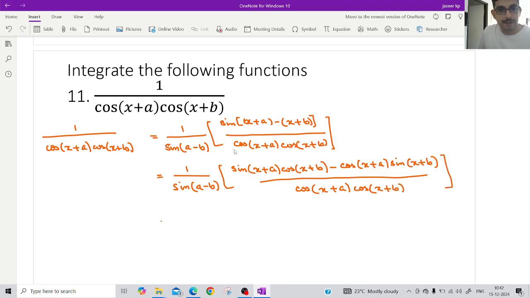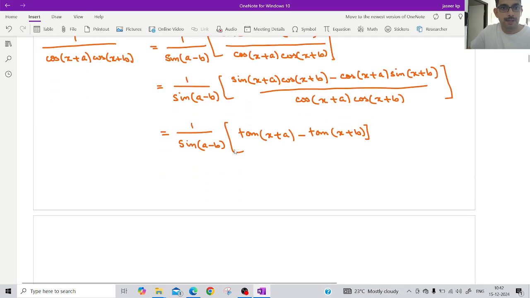Now if you take term by term, 1 by sin(a minus b) is outside. In the first term, cos(x plus b) will get cancelled, that is tan(x plus a), minus, cos(x plus a) will get cancelled, tan(x plus b). Now we have simplified it into this particular form. Now we'll be doing the integration.